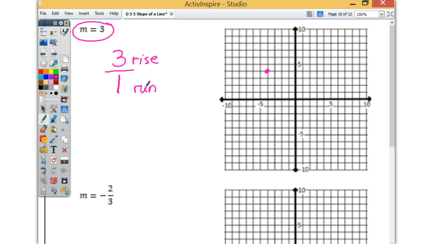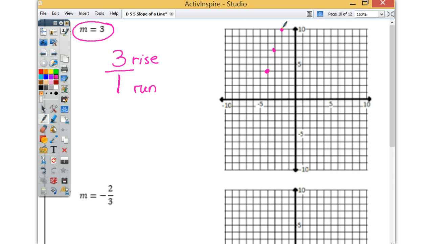So that means rise over run. Vertical, horizontal. So from your point, I'm going to run a +1, and rise a +3. 1, 2, 3. So from your dot, you go right 1, up 3. And do it again. Right 1, up 3. And then I run out of room.